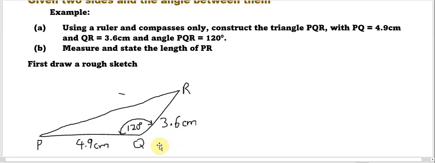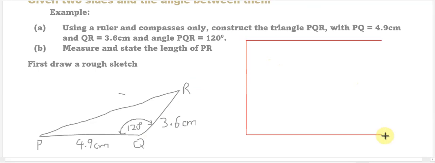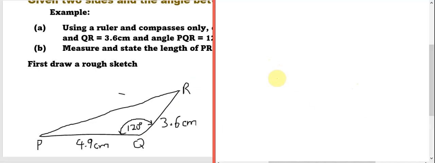So in terms of sketching this triangle, let me show you how I did that. So for this triangle, we would have had PQ being 4.9 centimeters. Then I estimated what 120 degrees would look like.